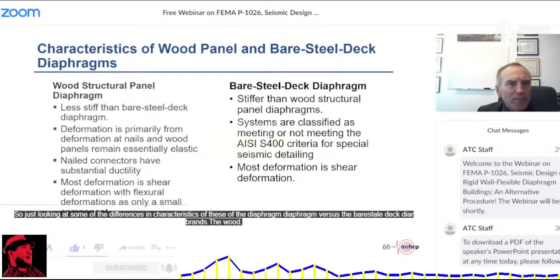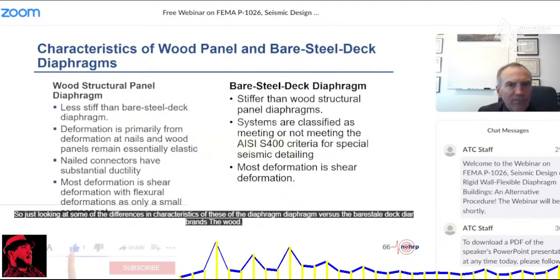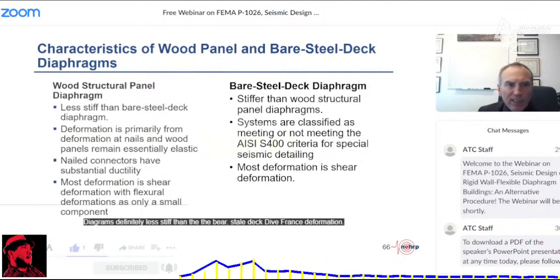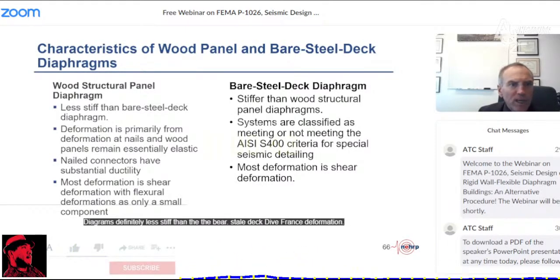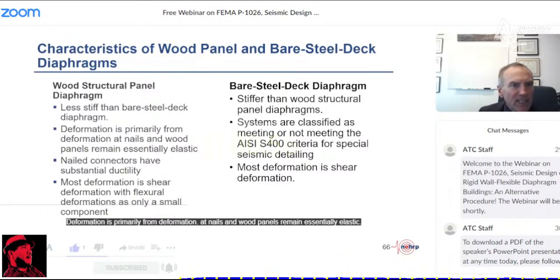So just looking at some of the differences and characteristics of the wood diaphragms versus the bare steel deck diaphragms. The wood diaphragms are definitely less stiff than the bare steel deck diaphragms. Deformation is primarily from deformation at nails, and wood panels remain essentially elastic.